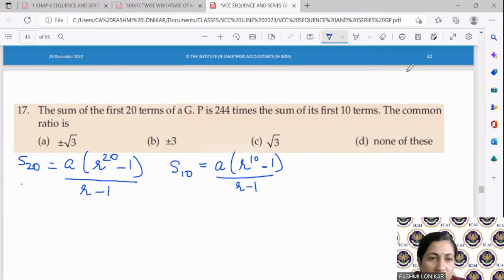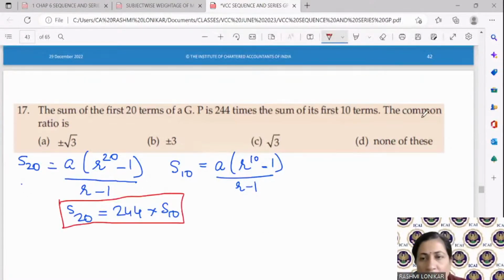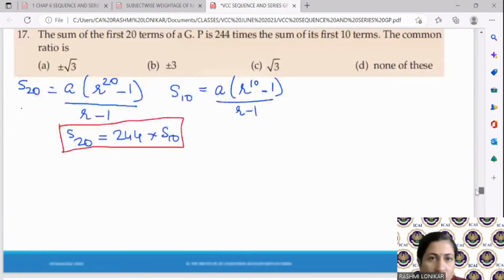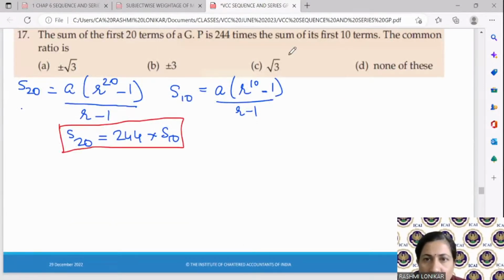What is the relation? S20 is equal to 244 into S10. You should be able to form this equation. This equation is the important thing. Once you know how to do that, there is nothing in the world that can stop you.